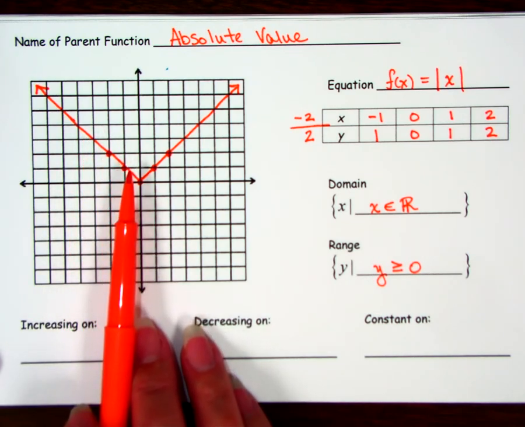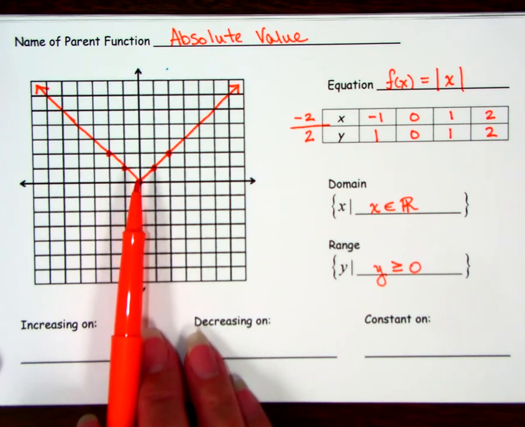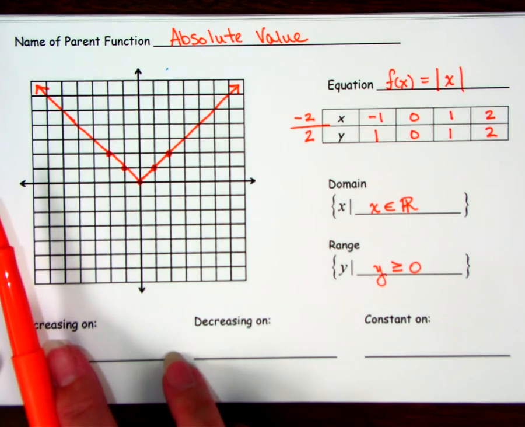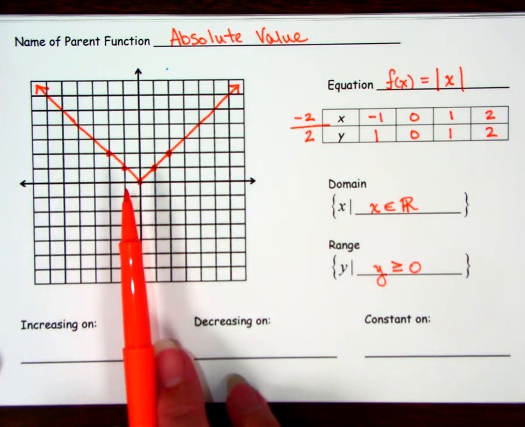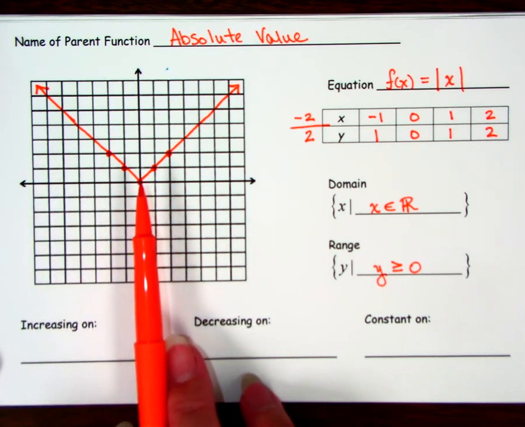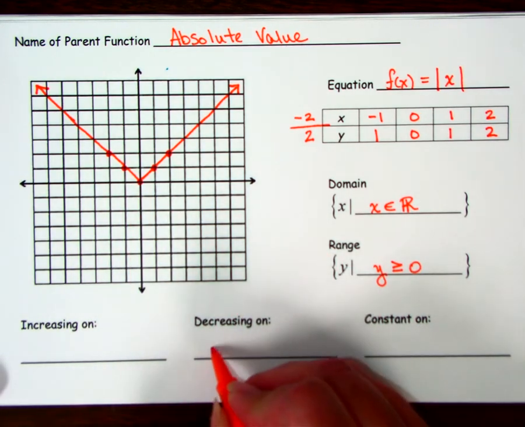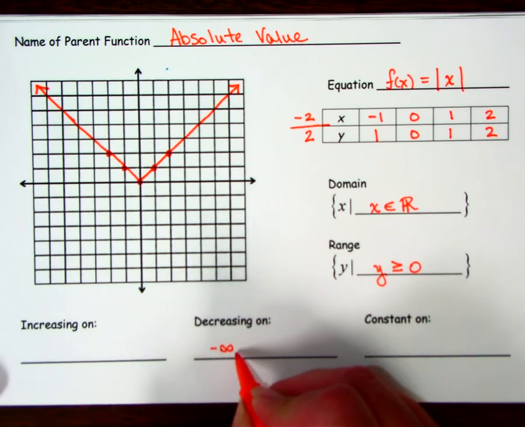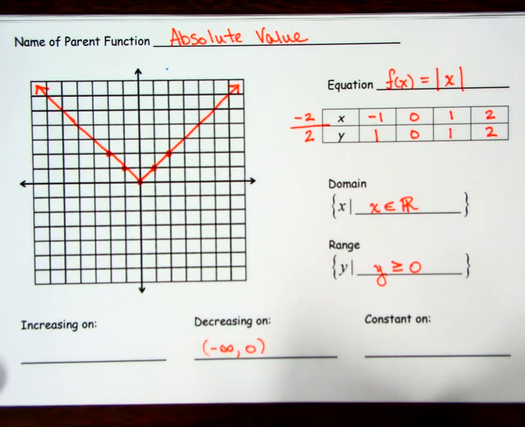Over here, I've been going down this whole time, so it is decreasing. So that'd be decreasing from an x value of negative infinity all the way up until an x value here of 0. So I'd say it's decreasing from negative infinity to 0. And I use parentheses on either side there.